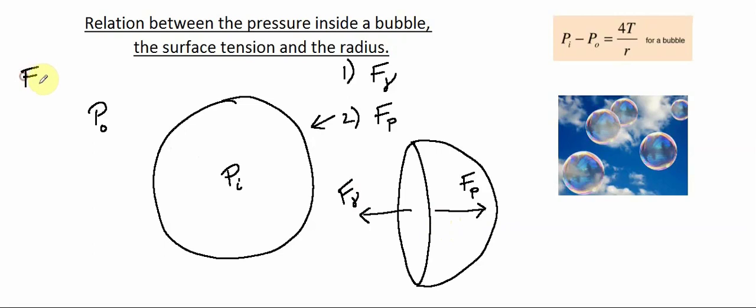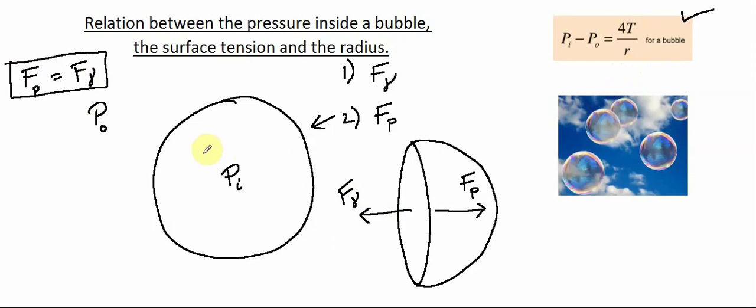So we have Fp is equal to F gamma, and this very condition is going to lead us to the relation between the pressure, tension, and the radius.